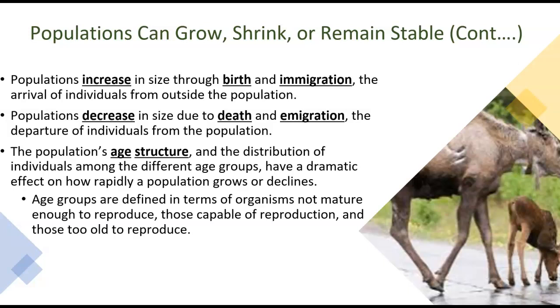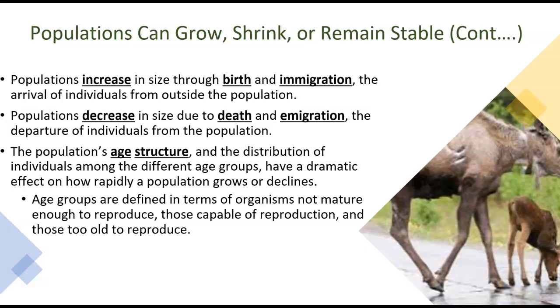The arrival of individuals from outside the population is immigration. And of course, birth is, well, birth. It's the bringing about of a new organism from the parent. The egg is fertilized, the organism grows and develops, and eventually you have a new organism.